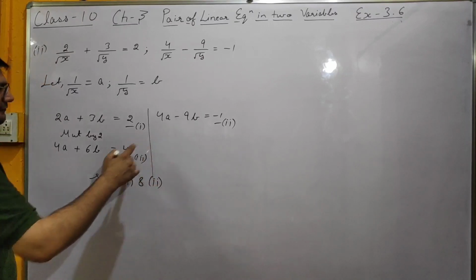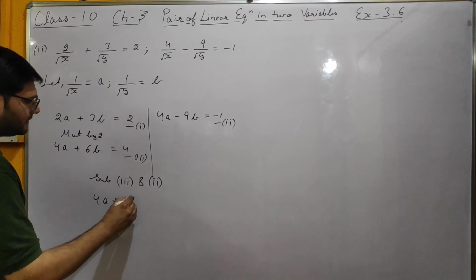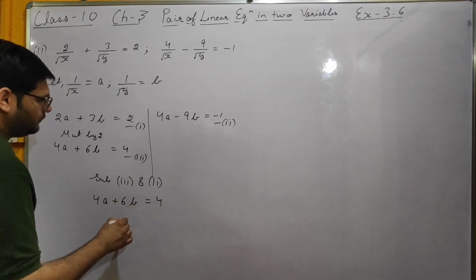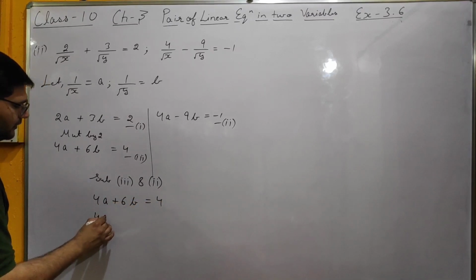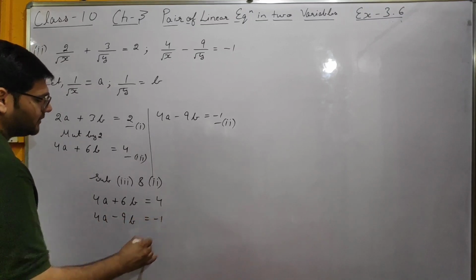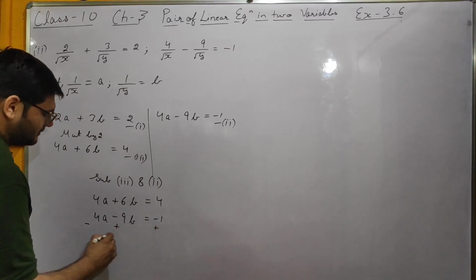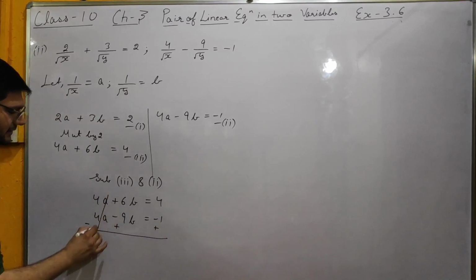So 4a plus 6b equals 4 and 4a minus 9b equals minus 1. If we need to subtract, then the sign will be changed. The 4a is cancelled.